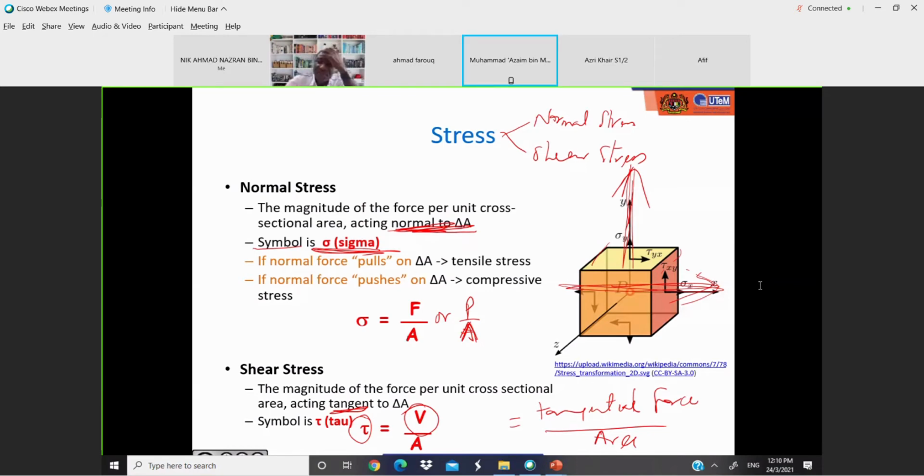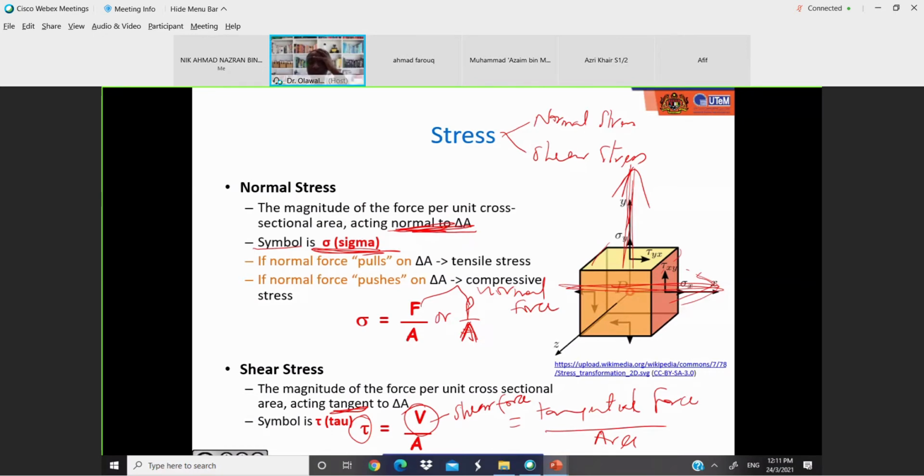V is shear force, or tangential force. And this is normal force. Okay, Afif.